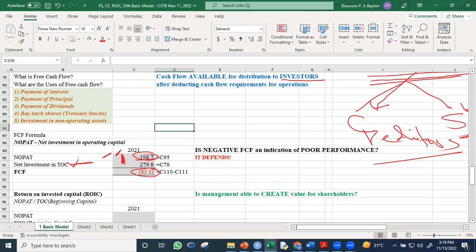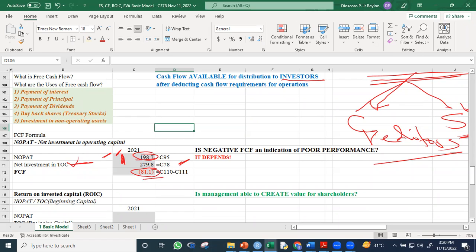But a high net investment in TOC does not mean the company is performing worse. In fact, it's a good thing, because the company is investing in inventories, raw materials, receivables, and property, plant, and equipment. The obvious reason is that the company wants to generate more sales and beef up the revenues.